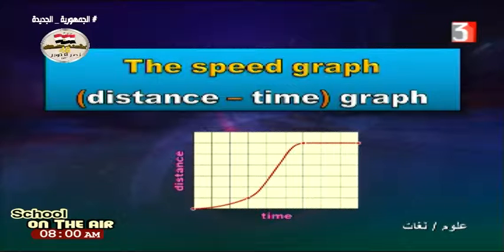Let's see point by point together. To predict the relation between physical quantities. The relation between distance and time, is it direct or inverse, as you took in math? What is the relation between distance and time? If the distance covered by an object increases, the time taken increases also.